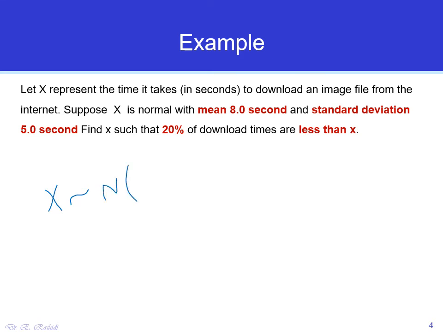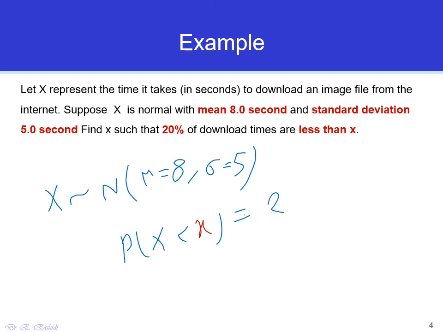We are looking for the value x such that the probability that the download time is less than that is equal to 20%. What is x?